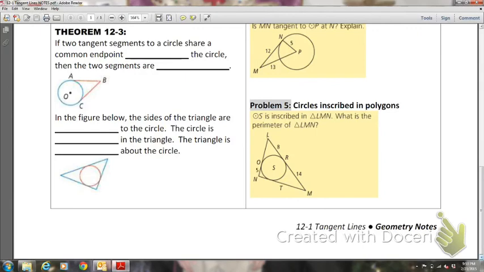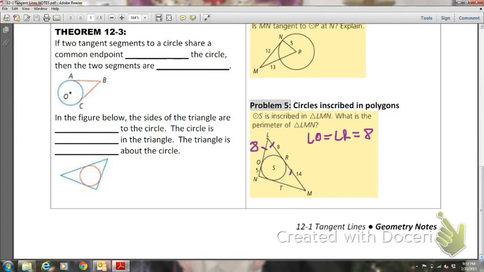So point L is a common point outside that triangle that's inscribed inside. So that means that LO has to equal LR, and they're both a length of 8. And then working our way around, point M is also a common point outside the circle.